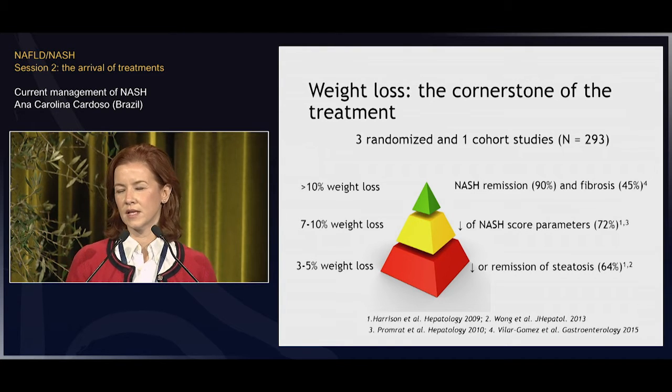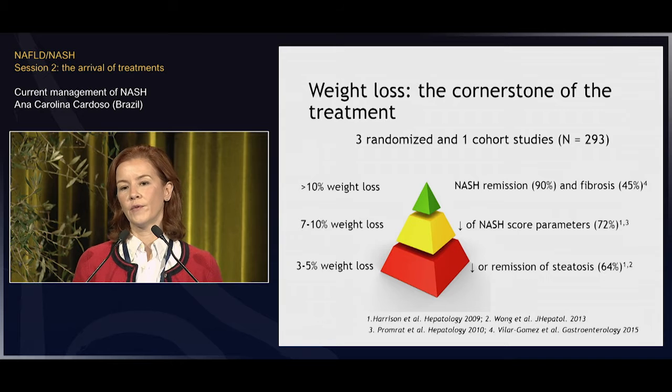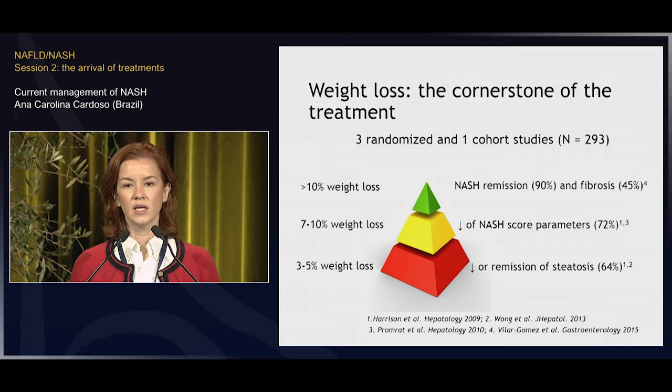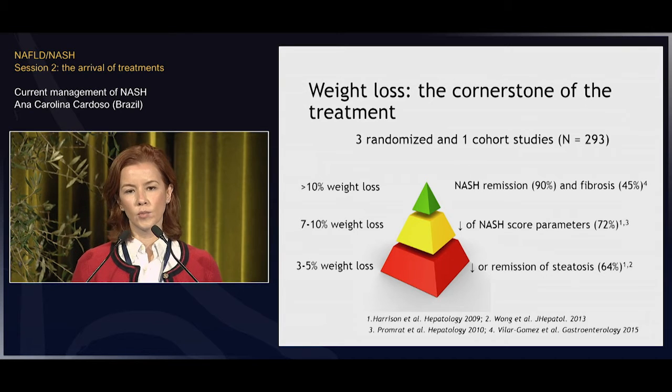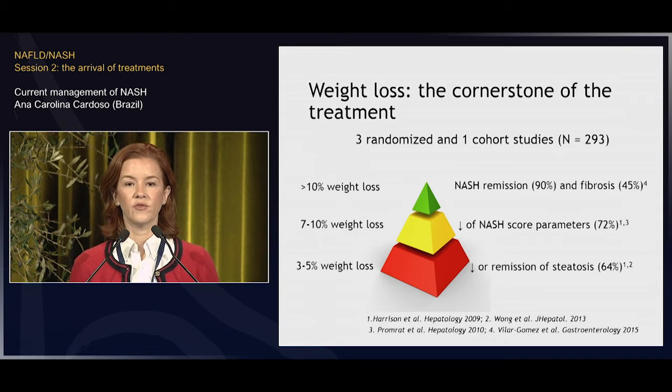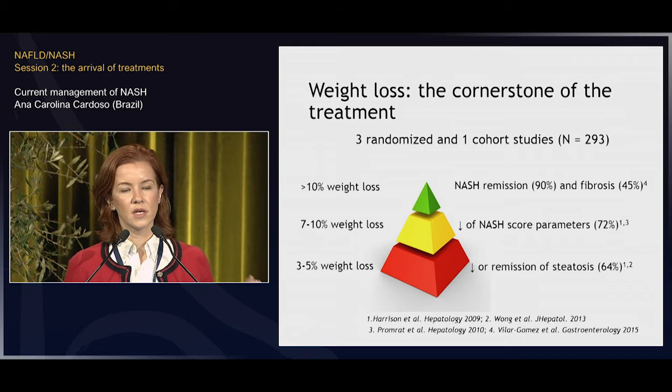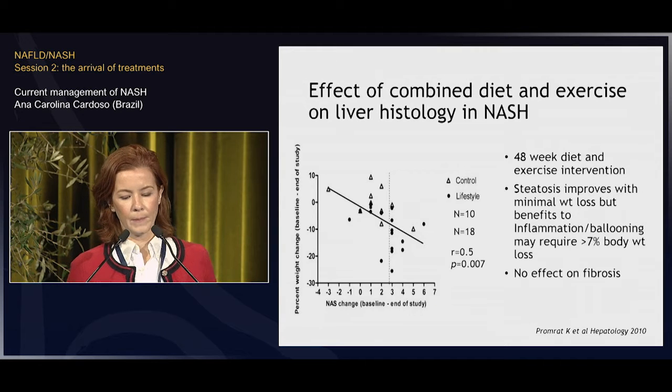As Professor Bedossa just said here, fibrosis is a very important thing, even if it's not part of NASH. It's a really important thing because fibrosis is closely related to worse outcomes, to complications, and when we have fibrosis remission, it's for us the most important thing.